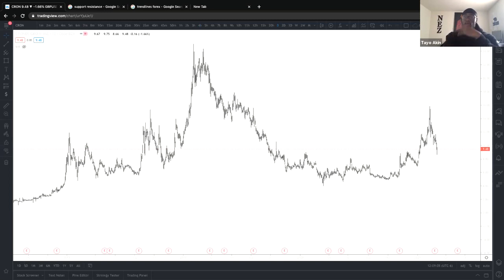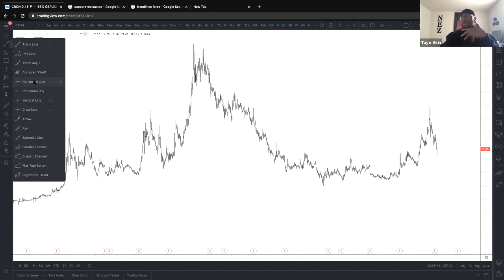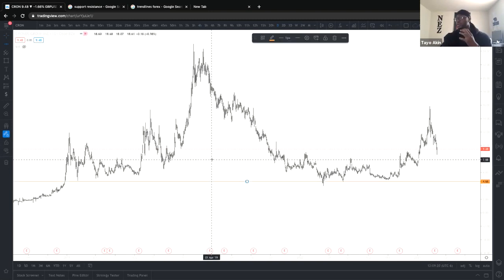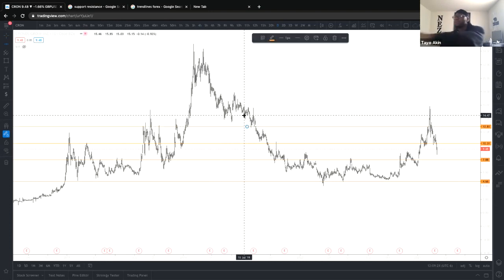One thing I don't like when I see beginners' charts, or charts in general, is a bunch of horizontal lines, people highlighting every single zone they see, another one right there, another one right there. There's no need for all of that.